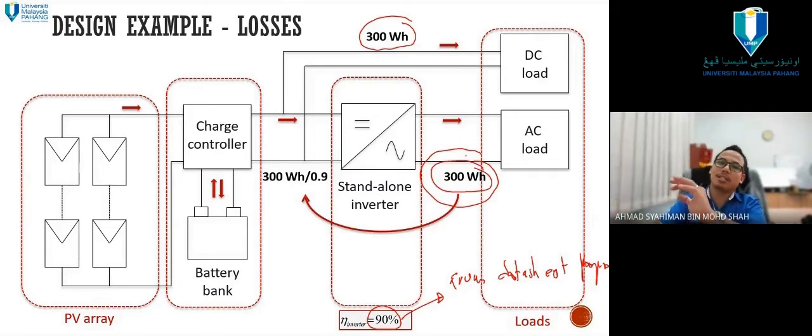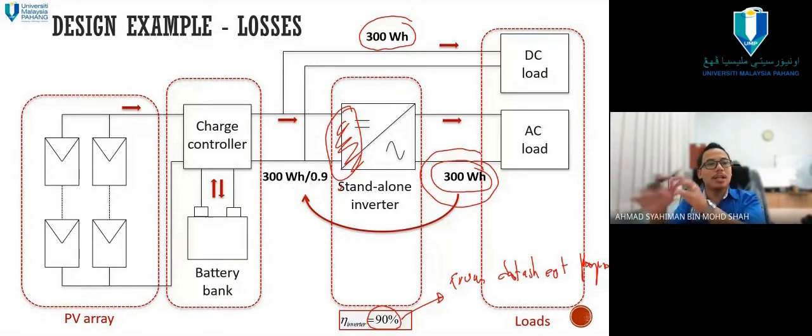That is your outcome, your output, your need. Before that, it totally depends on your inverter efficiency. That's why the input to the standalone inverter should be divided by 90%. It should be bigger than the output we want. We need that 300 watt hours.